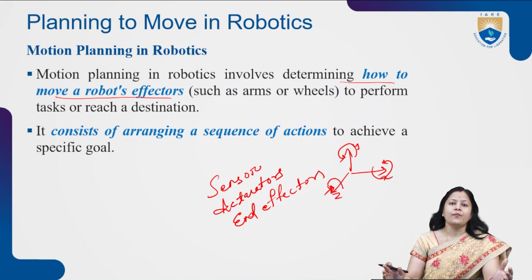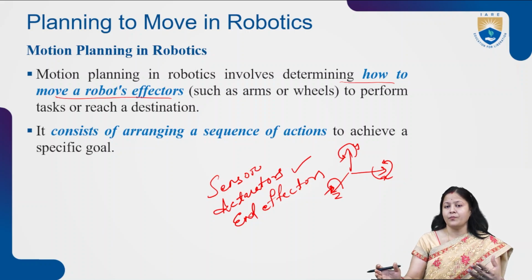All these movements are possible with the help of actuators, and end effectors are nothing but the tools used to hold the object, like a screwdriver, or to pick an object from one place and keep it in another place. That is done by the end effectors, which are the arms or the wheels.